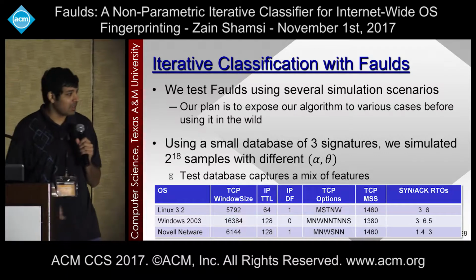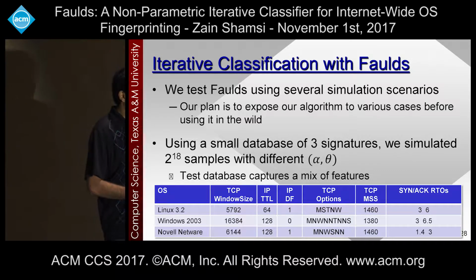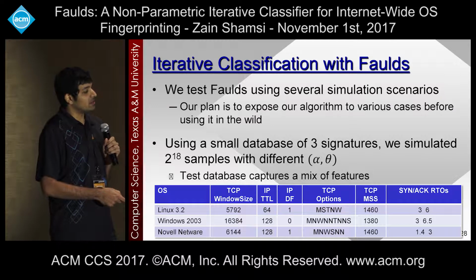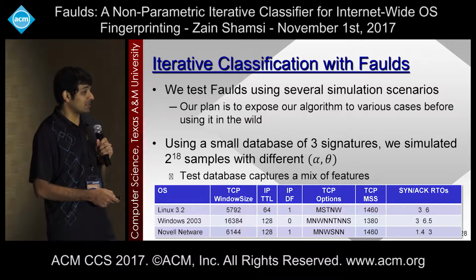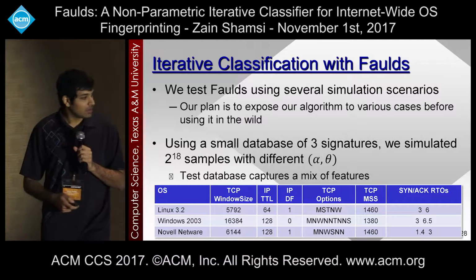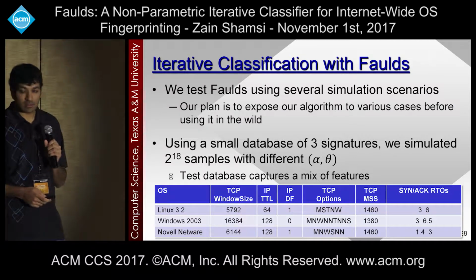We pick a Linux, a Windows, and a Novell signature. And we try to pick them so there are differences in the window size, but there are similarities in some of the other user features. And RTOs, as you can see for Linux and Windows, are fairly close. So we can potentially introduce some confusion there for our test.